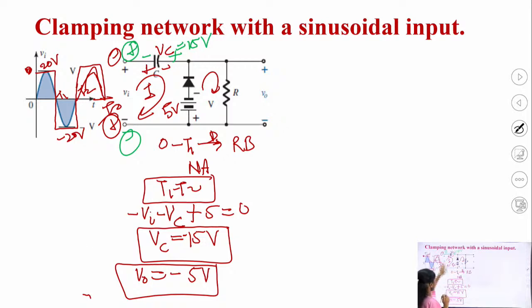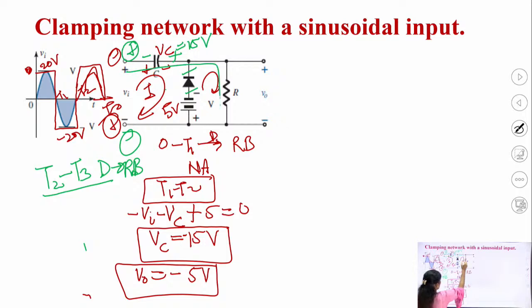So this plus and this plus will make this diode reverse bias during the time period T2 to T3. The diode is in a reverse bias condition, and if the diode is in reverse bias, it will be open, and then you write the KVL in the outer loop.